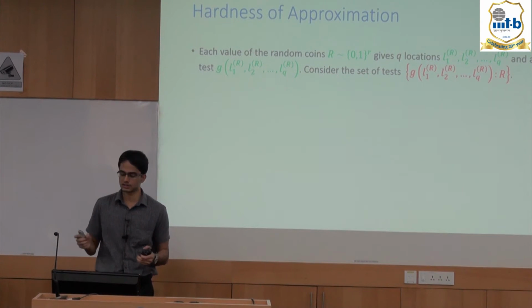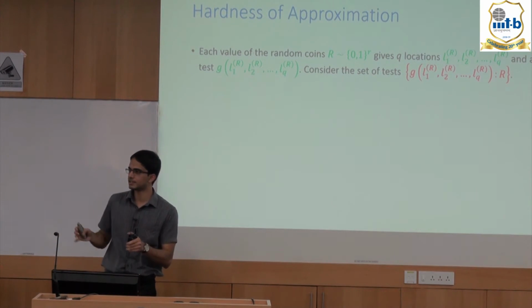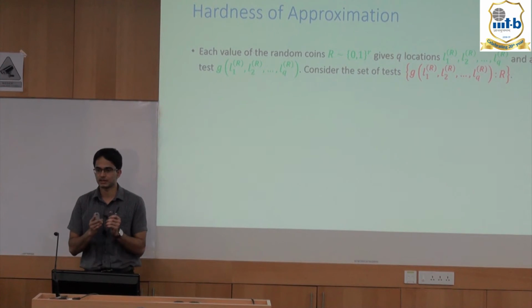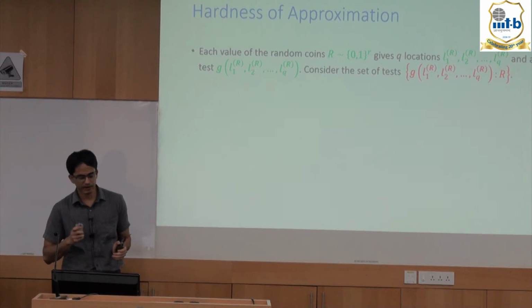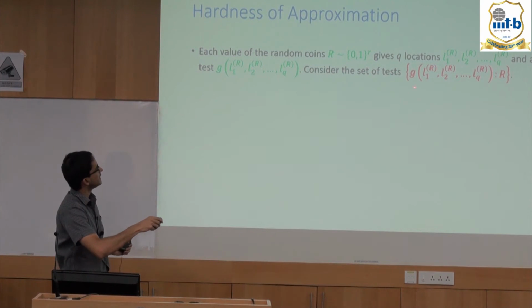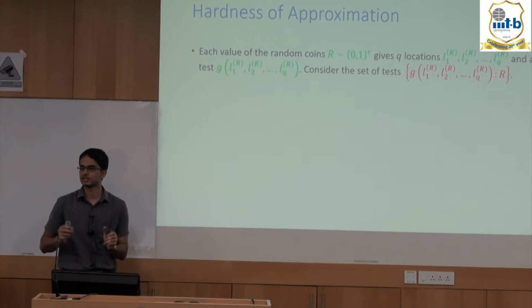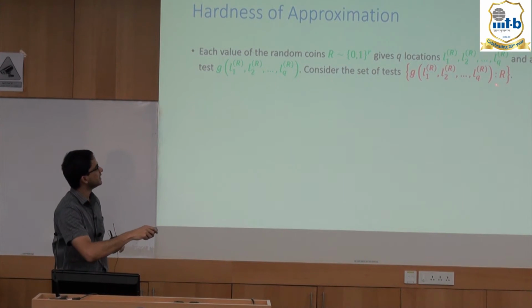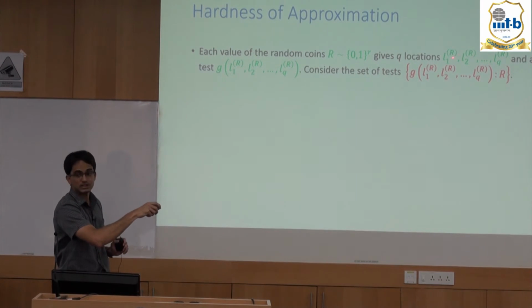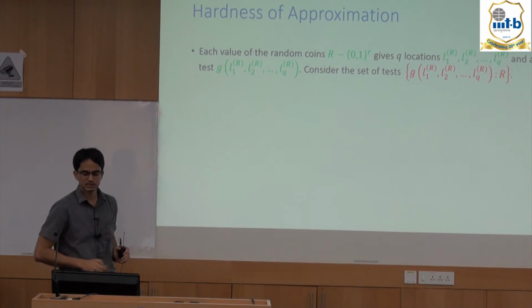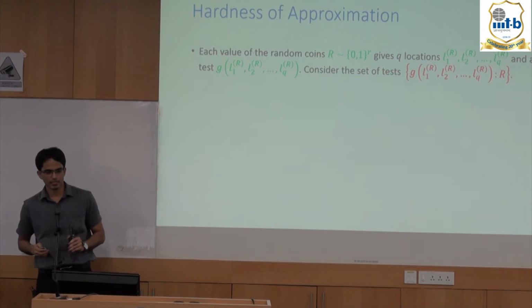We went to those locations, read whatever bits were there, and evaluated some function G on those bits. Let's look at the multi-set of all such possible queries or tests that we can do. For each value of R you get a bunch of locations, and for each such bunch of locations there is a test. So let's look at this multi-set of tests.